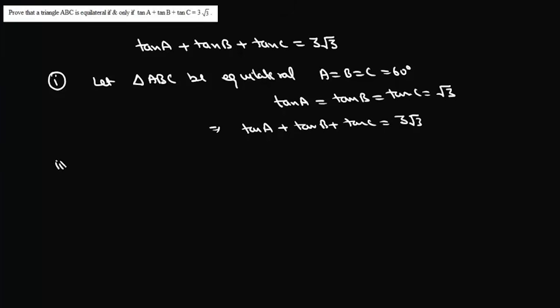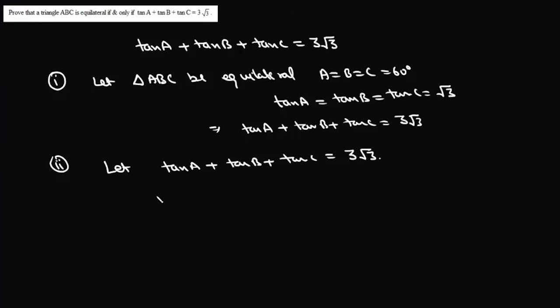Now we prove the second part, that let tan A plus tan B plus tan C be equal to 3 root 3. Now we need to prove that this triangle is an equilateral triangle.